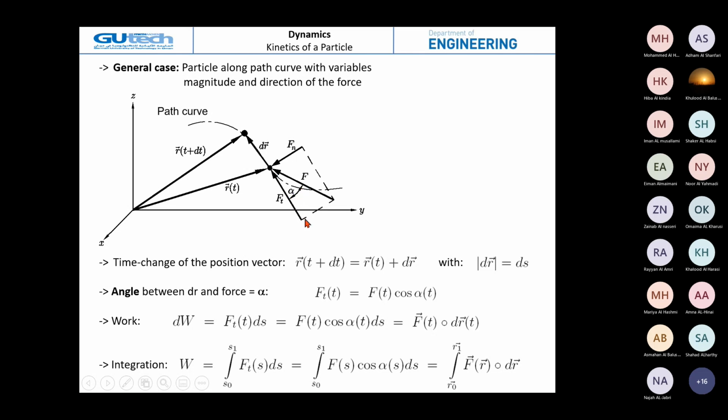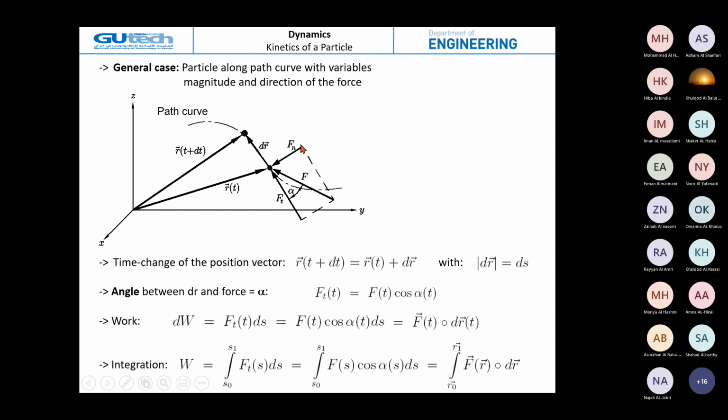Then we have Ft, the tangential force. It is the projection of this force F, cosine alpha at time t. The work dW is only Ft at time t, the tangential force, multiplied by ds.